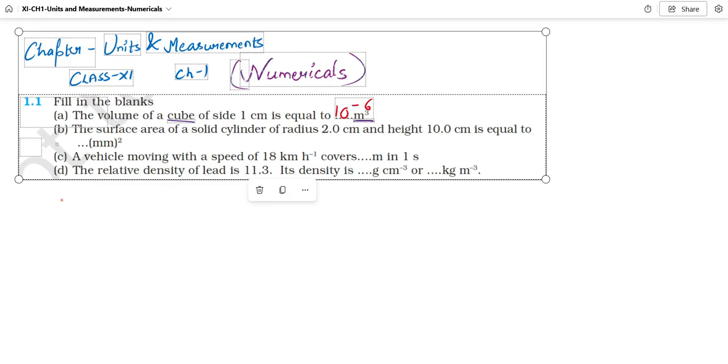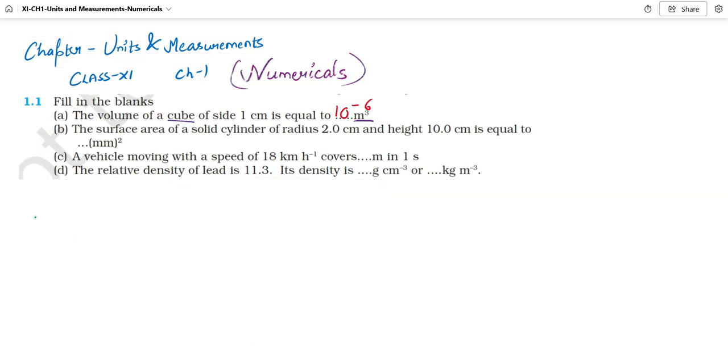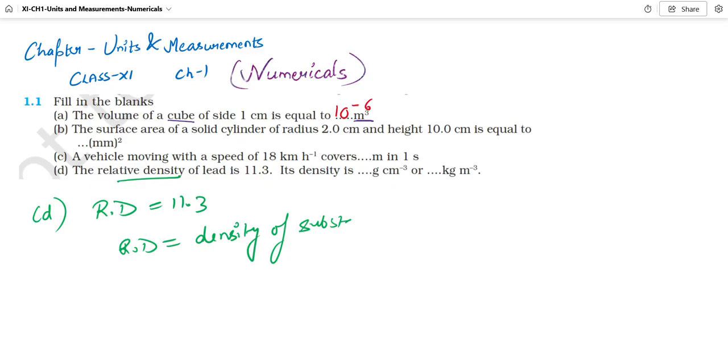Now quickly moving to the last part, the D part. The D part says the relative density of lead is 11.3. So relative density RD is given as 11.3. First of all, we need to understand what is relative density. Relative density is density of substance upon density of water.